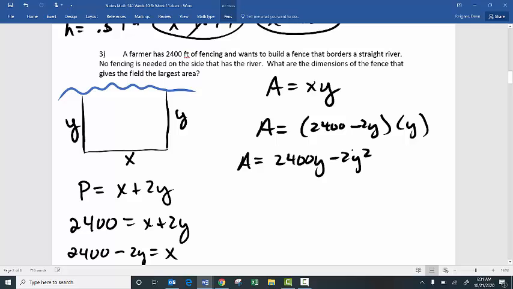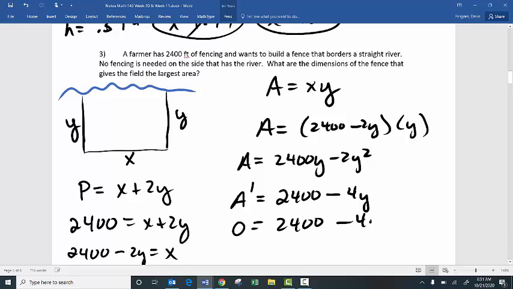So it doesn't really matter what variable you solve for, but make sure you simplify. 2,400y minus 2y squared. So now you take the derivative. So the derivative of A is A prime, or whatever you want to call it. And then you take the derivative of y just like you did with x. So the derivative here is 2,400, and then minus 4y. And then to maximize your area, you set your derivative equal to 0.